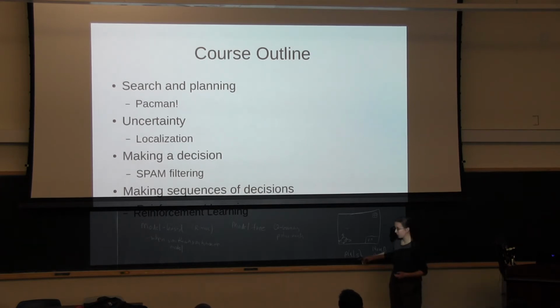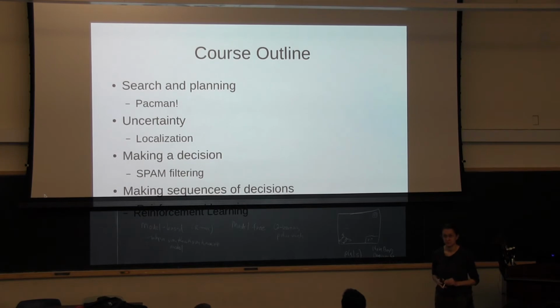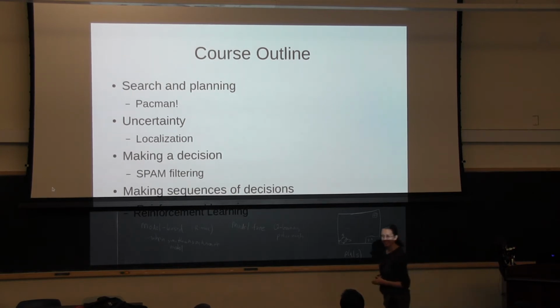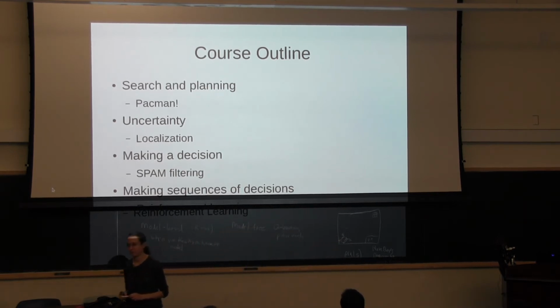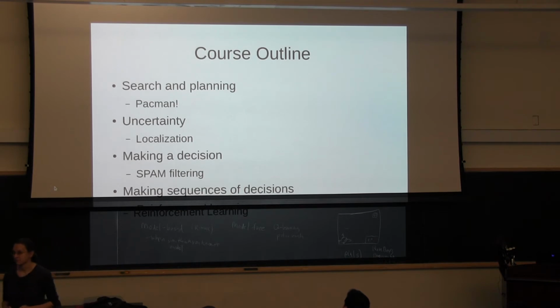So why do you think we talk about these stochastic policies? What's the advantage of using a probabilistic representation here? What's the advantage of a stochastic policy? What's going to happen when I'm learning this model?